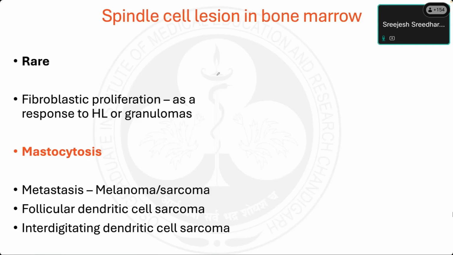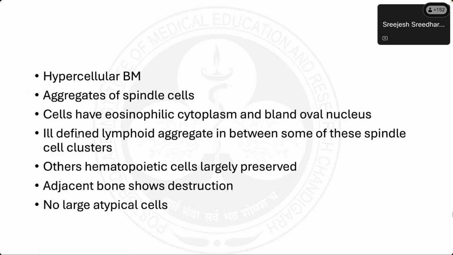But something which should not be missed is the fibroblastic proliferation in response to a Hodgkin's lymphoma. When there is an infiltration by Hodgkin's lymphoma, we get a polymorphous infiltrate of spindled fibroblasts plus lymphocytes plus eosinophils plus many other cells, right? That is something we should not miss. But what we have seen is different from Hodgkin's lymphoma.